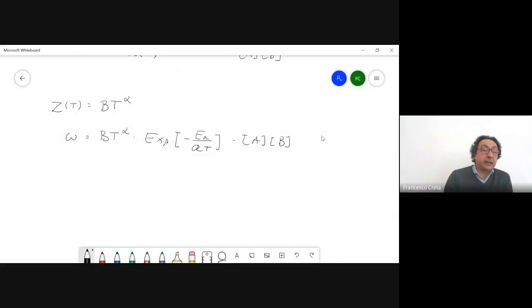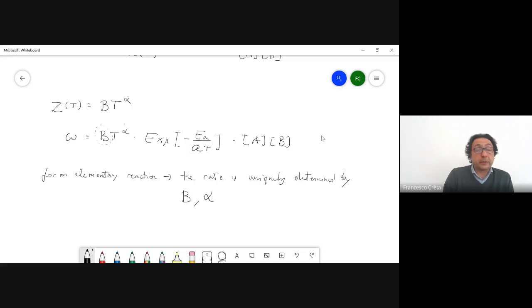Because you see now that given a reaction, actually an elementary reaction, the rate is actually uniquely determined by three constants. B, which is this constant here, the temperature exponent alpha, and the activation energy.